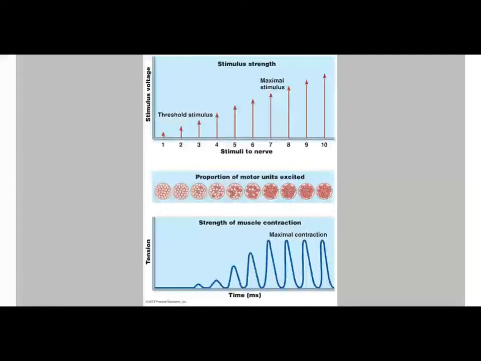You can't contract more than all of the cells within a muscle, so the strength of contraction, the tension within the muscle cells, do not increase. It can't get any higher because we've already contracted all of the muscle cells. So that's how stimulus strength relates to motor units and tension or strength of contraction.